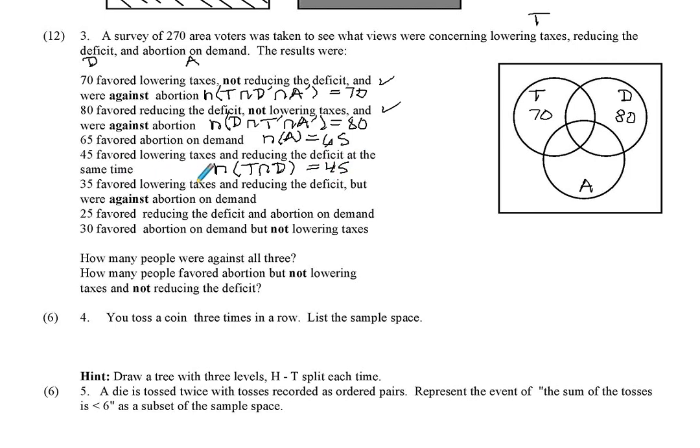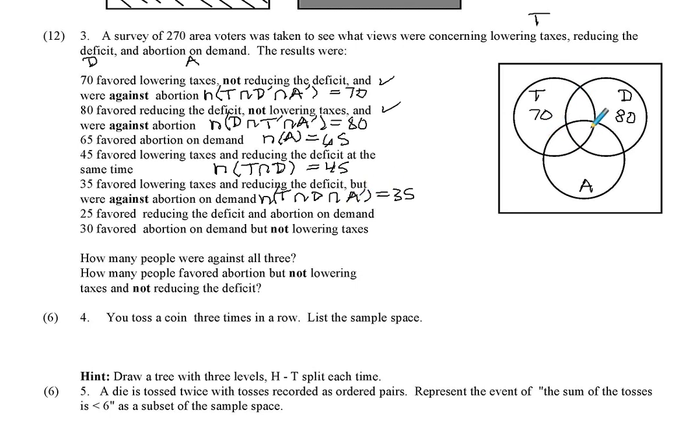35 lowering taxes and deficit, but not abortion. Okay, so this is taxes and deficit, but not abortion. So and not abortion. And that number is 35. So taxes and deficit, that's this football here. But then it says not abortion.